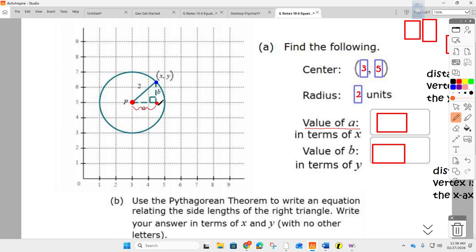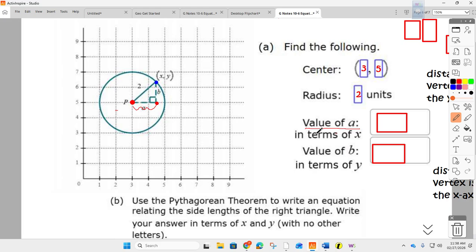Does that make sense? That's what A is. So that's this side of a right triangle that they have sketched in this circle from the end point of the radius that's given horizontally to the center point so they can create a right triangle. Okay? So the question is to give the value of A in terms of X.